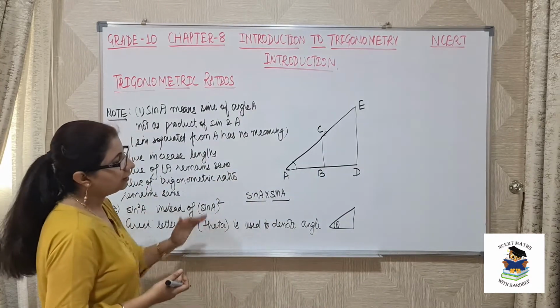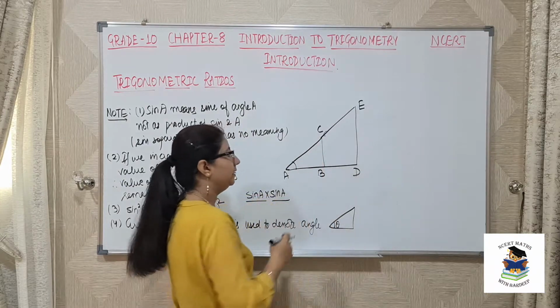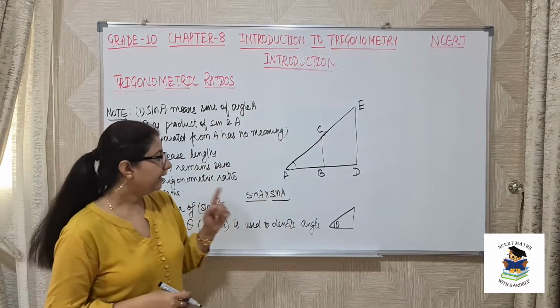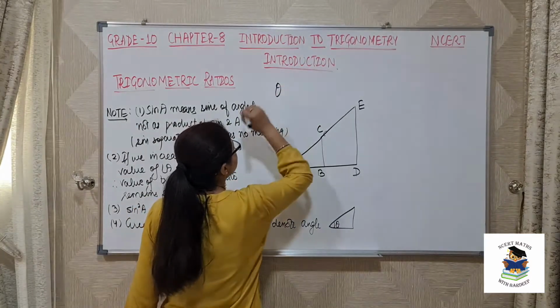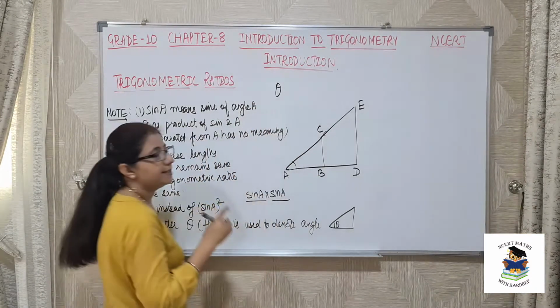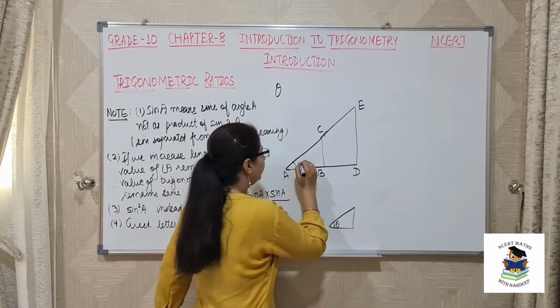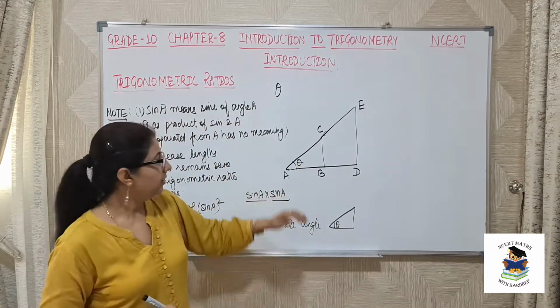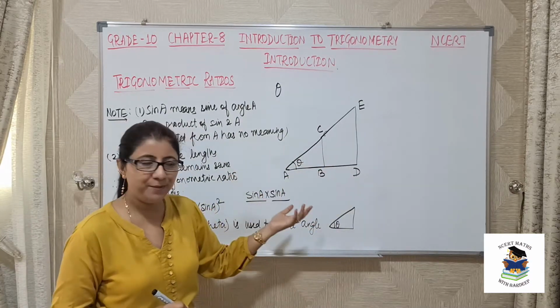One more thing is, sometimes instead of using this A, angle C or angle B, a Greek letter is used. It is written like this, and this is referred to as theta. So angle theta means if I write here theta, so sine A or sine theta is the same thing.